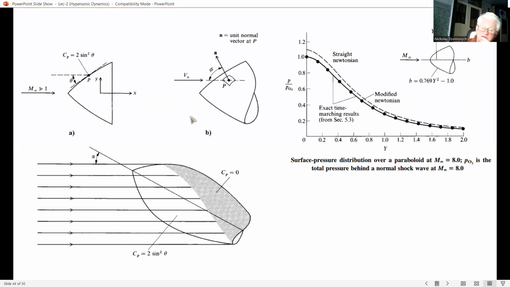And how do you think? Is this theoretically consistent? I think the answer is no. For flow over a curved surface, there is a centrifugal force acting on the fluid element, which will affect the pressure on the surface.